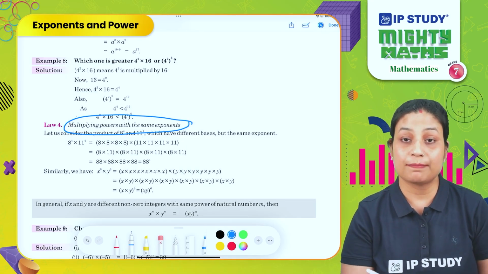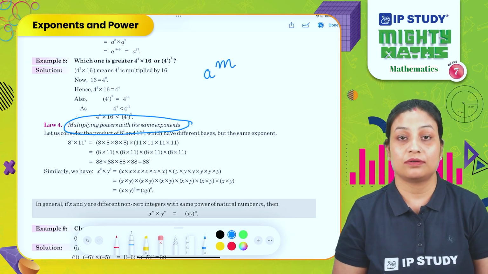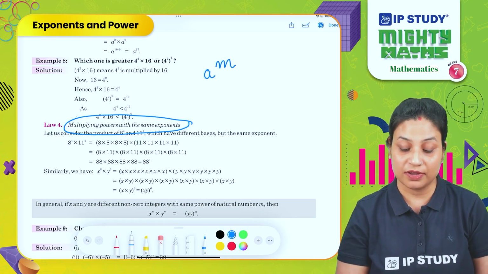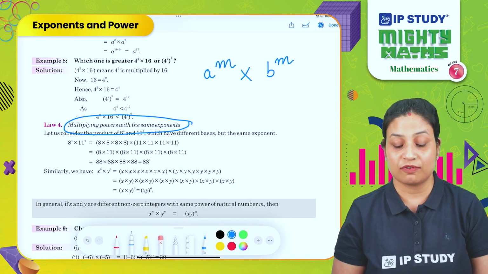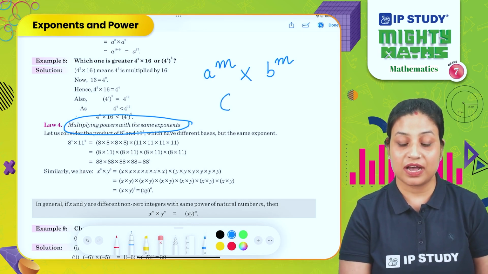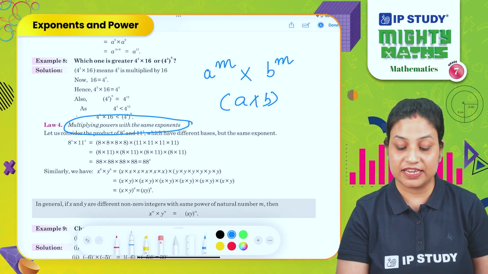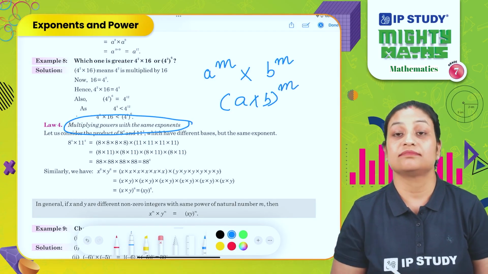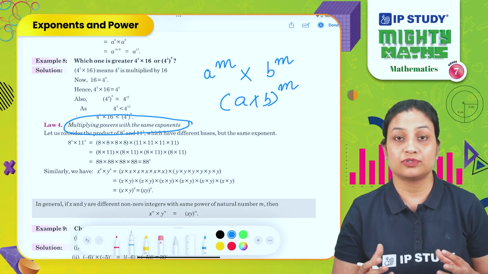Suppose I have a raised to the power of m, one number in exponential form, and let's say I have b raised to the power of m, again in exponential form. How am I going to multiply this? Simply, I will multiply the bases together and keep the exponent as it is. Let me apply this law to a question.